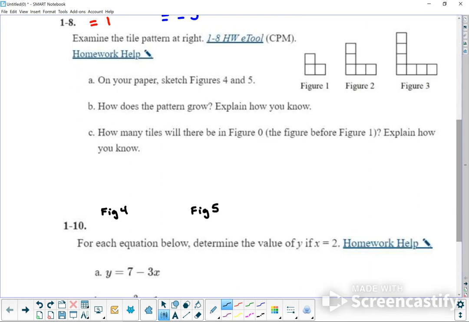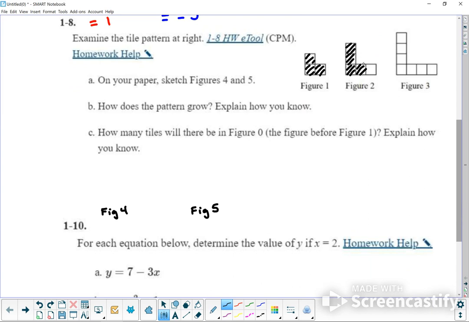So we actually have to figure out what's going on. Figure 1 looks like it has 3 blocks, right? Figure 2 looks like it has the 3 blocks, but it has 2 more. So it has a total of 5.